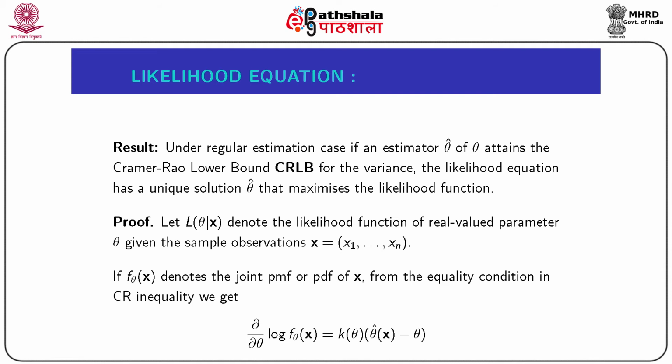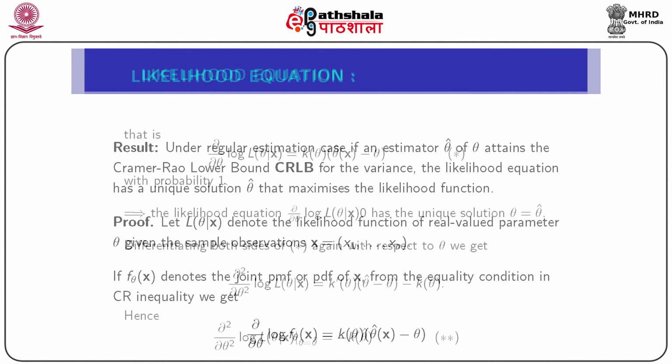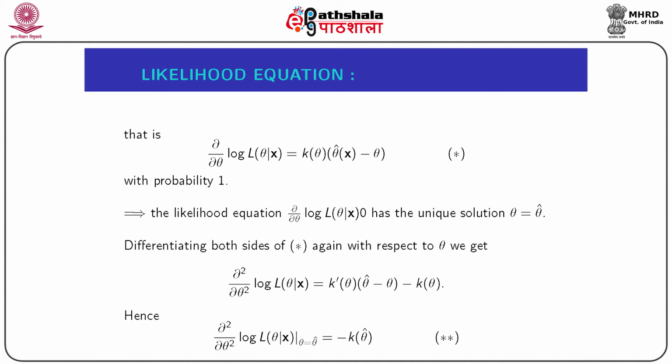Since by functional form the joint PDF or PMF f_theta(x) and the likelihood function L(theta) are the same, the previous equality relation can alternatively be written as the partial derivative with respect to theta of log L(theta) equal to k(theta) times (theta hat minus theta).